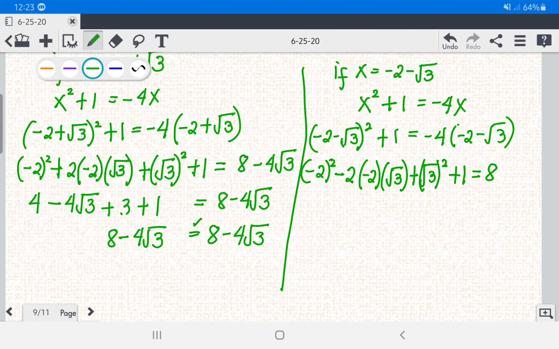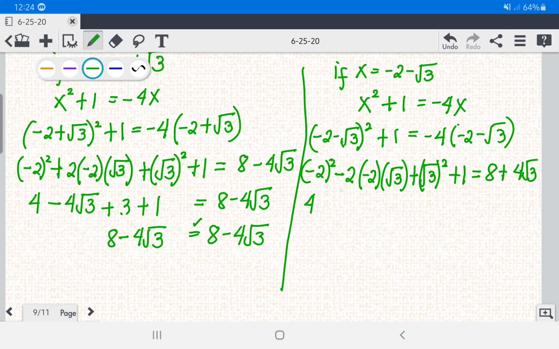Then negative 4 times negative square root of 3. So we have negative times negative, positive 4 square root of 3. Next, let us simplify negative 2 squared, or negative 2 times negative 2. We have positive 4.